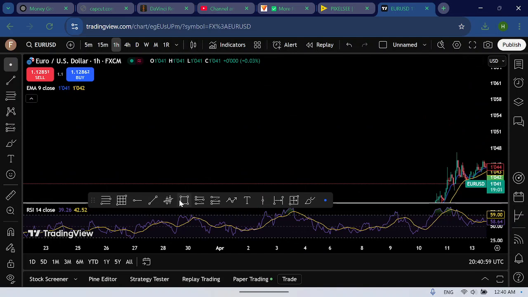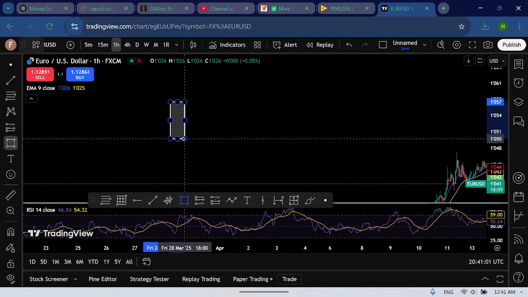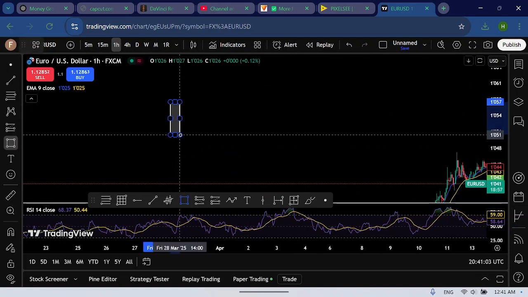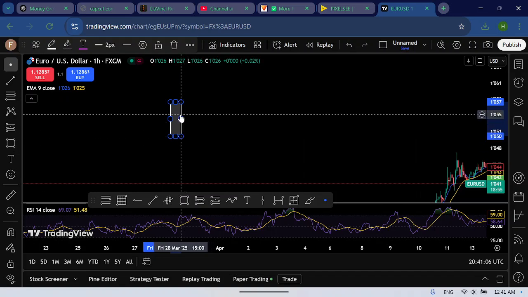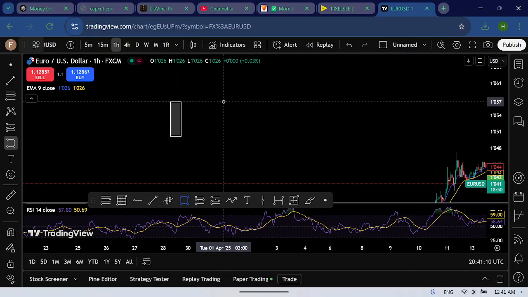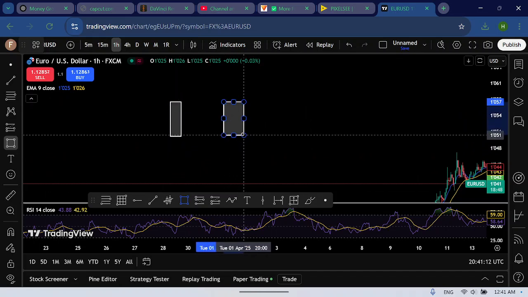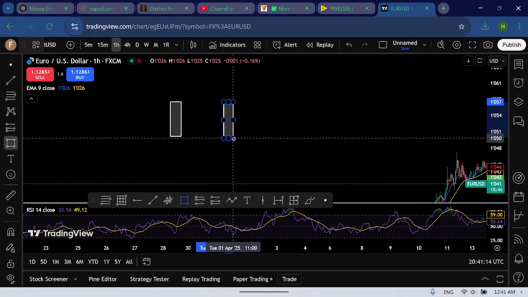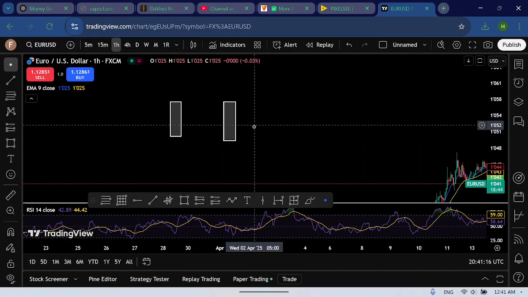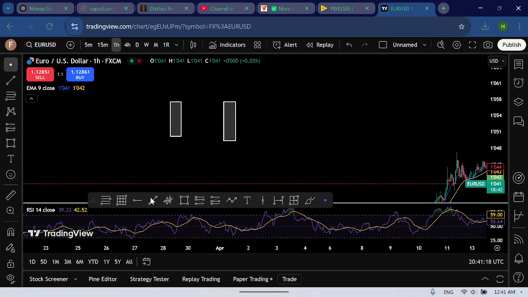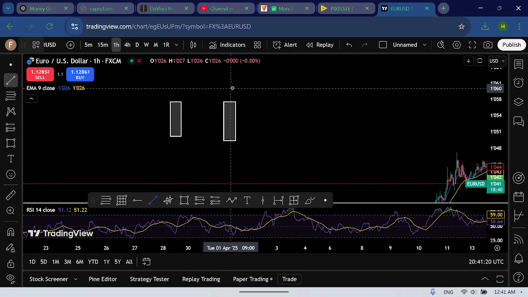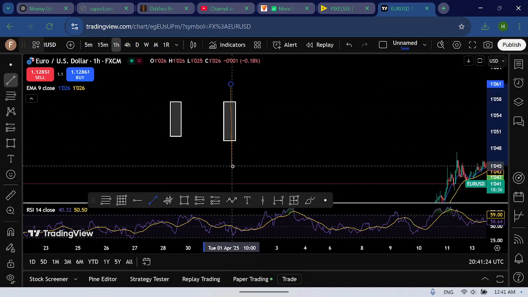It would be like this, one candlestick, and I'll fill it green, and a second candlestick in the red color here.